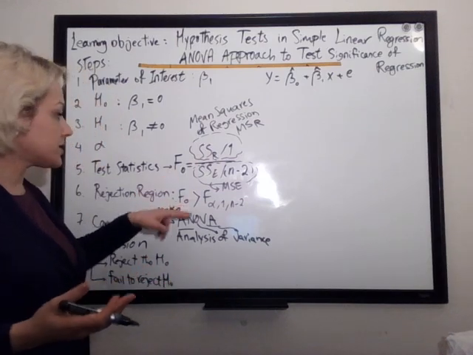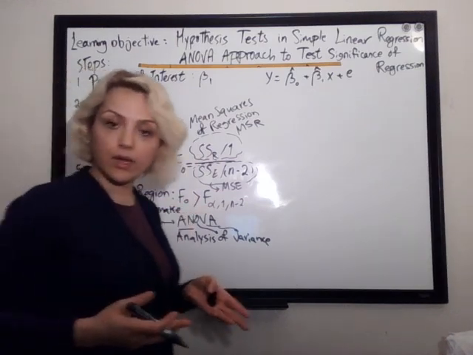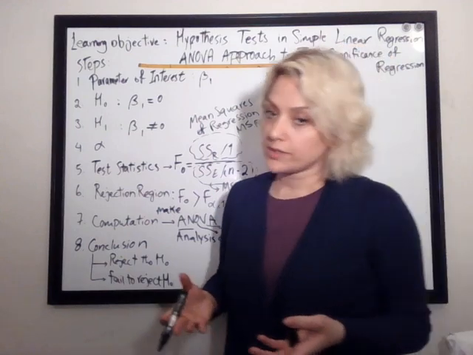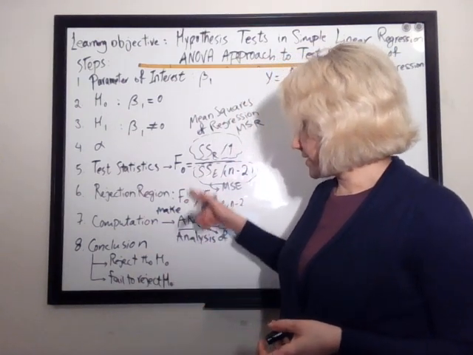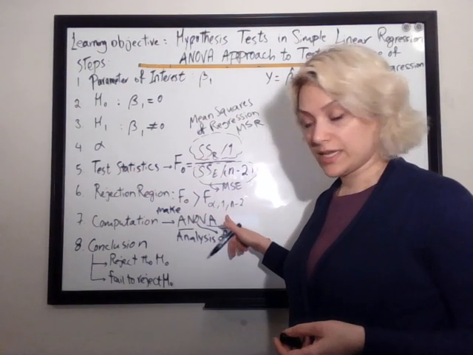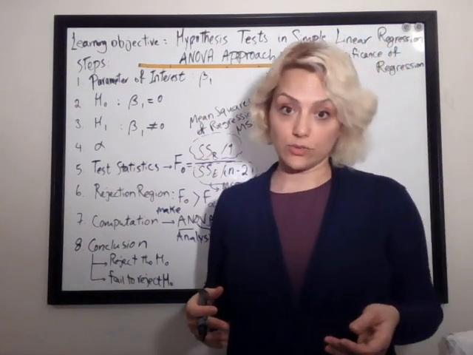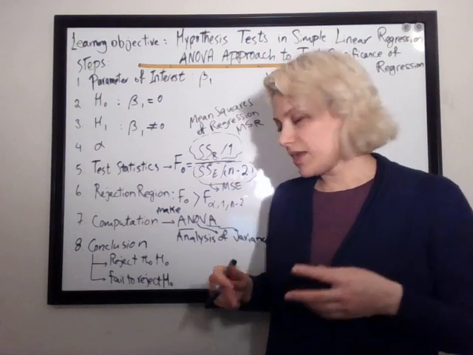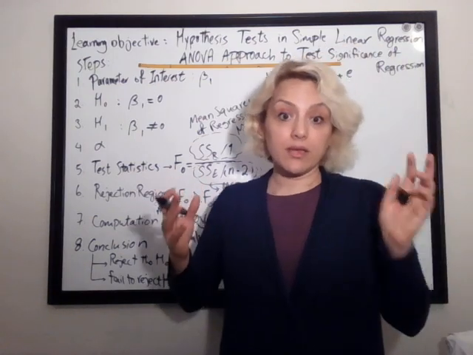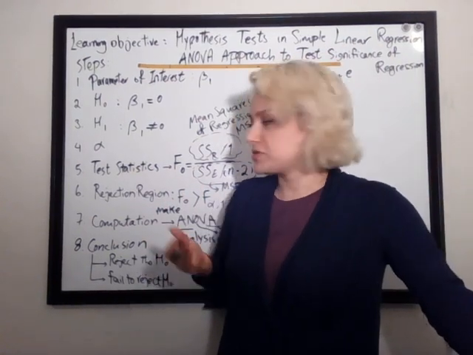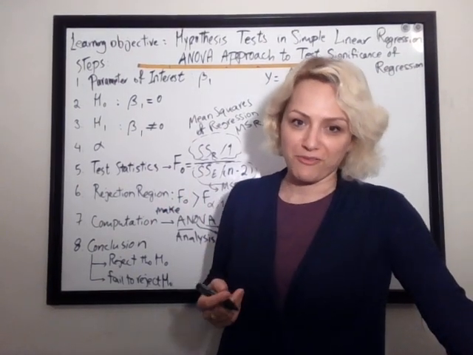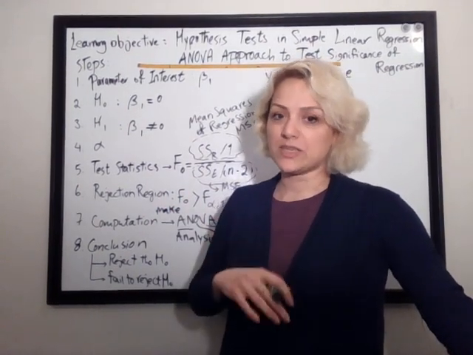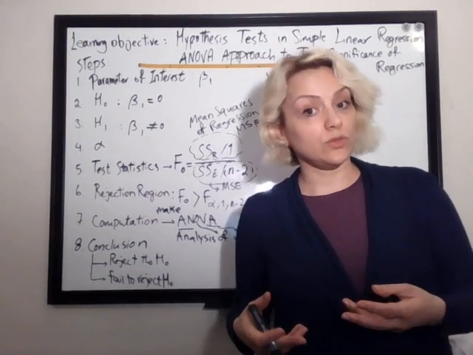If your F null is greater than the F from the table, then you reject your null hypothesis. If your F null is less than the F of the table, then you fail to reject the null hypothesis. Most of the time, if the F null is really big, like 150, the F null from the sample is definitely going to be bigger than anything we find from the table, so we reject the null hypothesis.